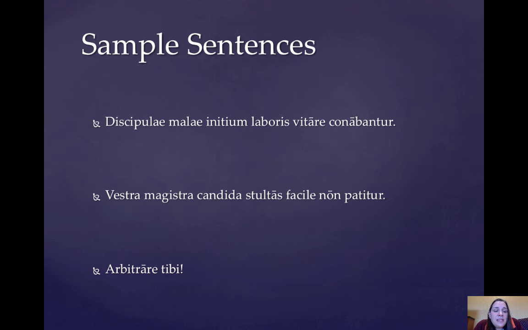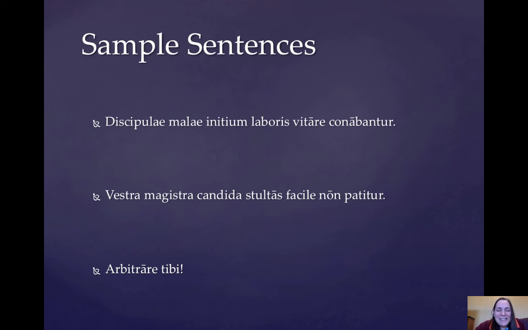Okay. The second sentence, Vestra magistra candida, stultōs facile non patitur. Your shining teacher does not suffer fools easily. That one might be autobiographical.